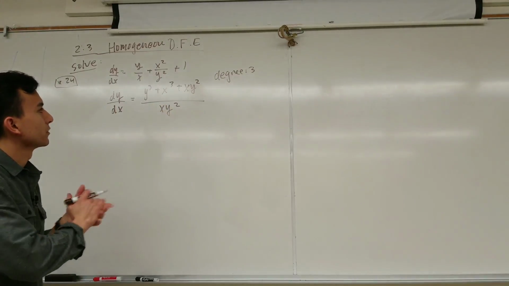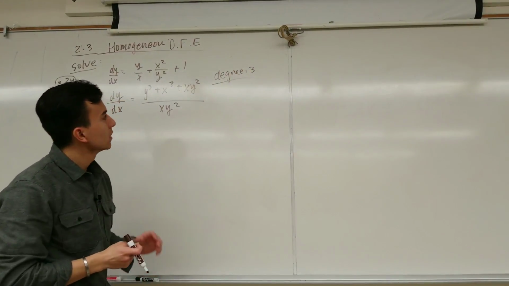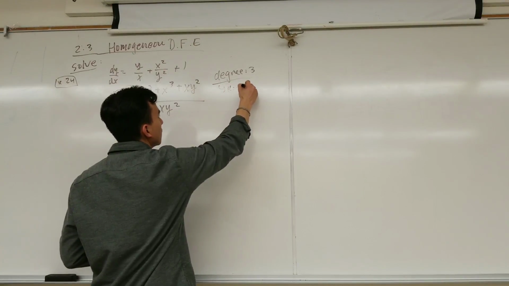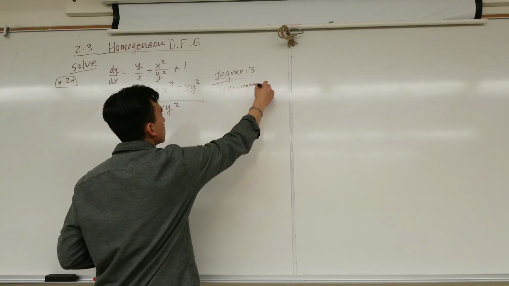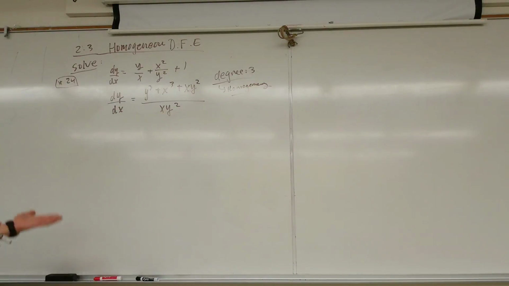Add those together, you get degree 3. So all the degrees are the same, and that means that it is homogeneous. Great. So now we can continue to solve this using the homogeneous method. Well, let's do it.